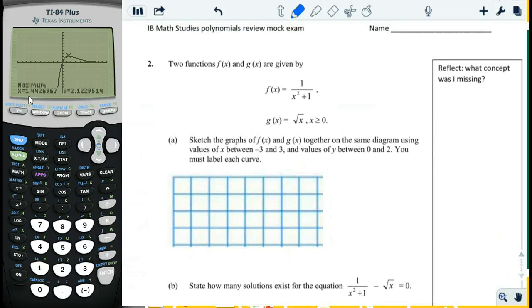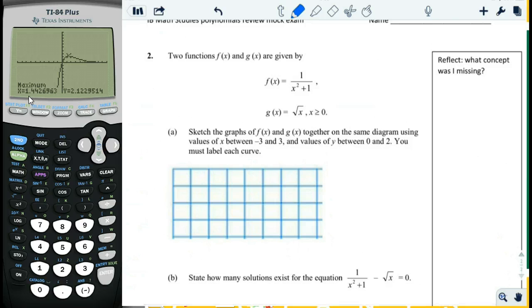Okay, second question. We have two functions. F is 1 over x squared plus 1, and g is square root of x, and of course only for positive values of x. Why don't we include negative values of x? Well, negative values of x, you can't take the square root of those. So since it's a square root function, it can only be positive values of x.